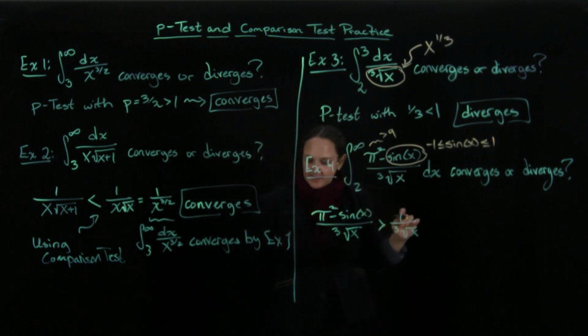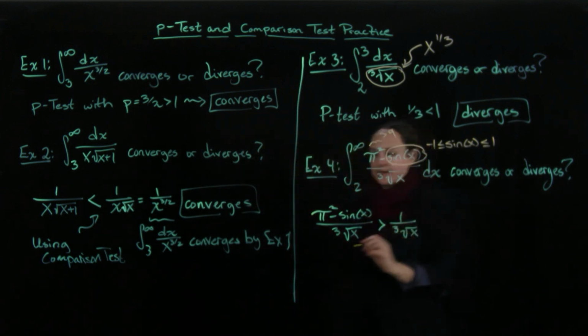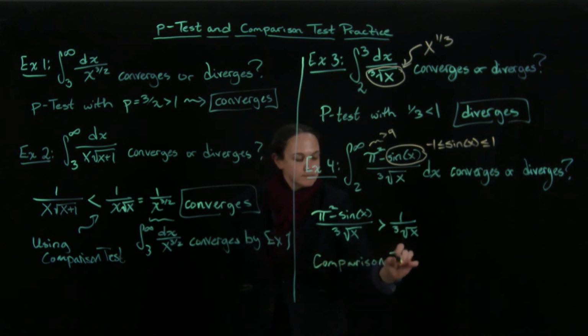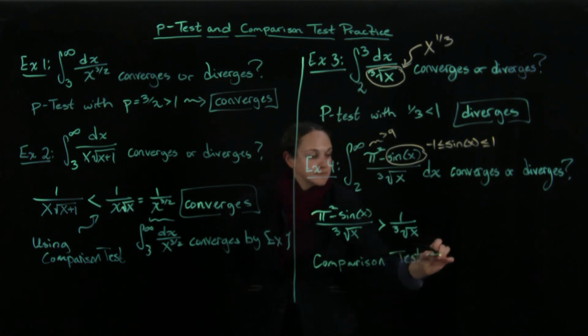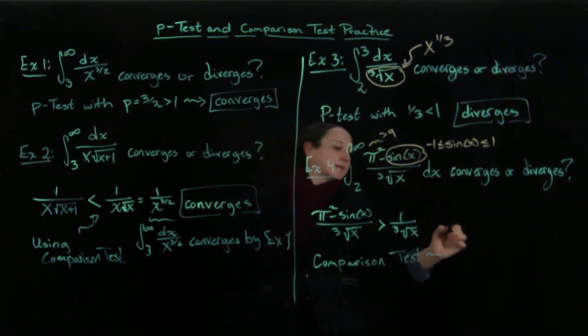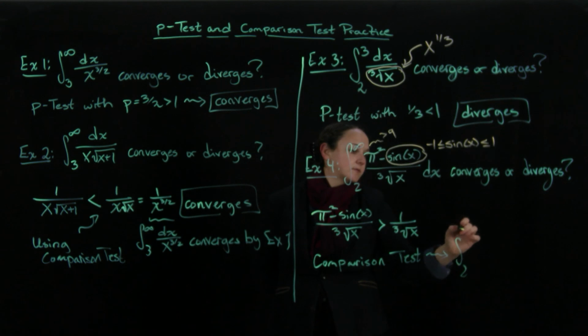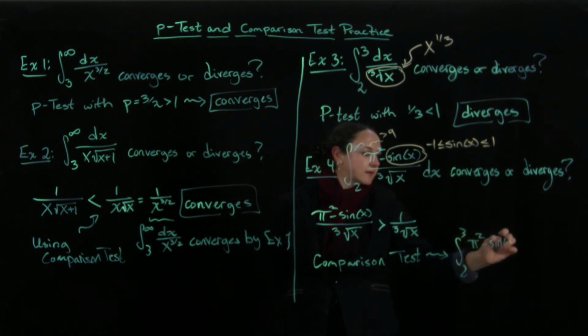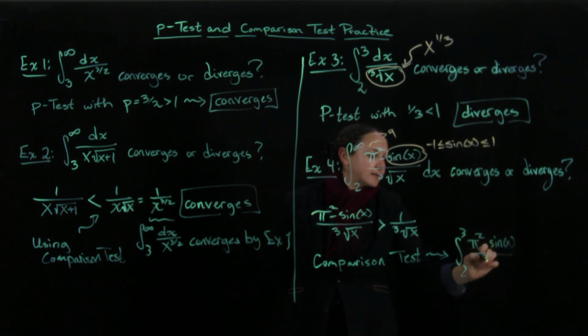Now we can use the comparison test. The comparison test gives us that this integral from 2 to infinity of pi squared minus sine of x over the cube root of x is going to diverge.